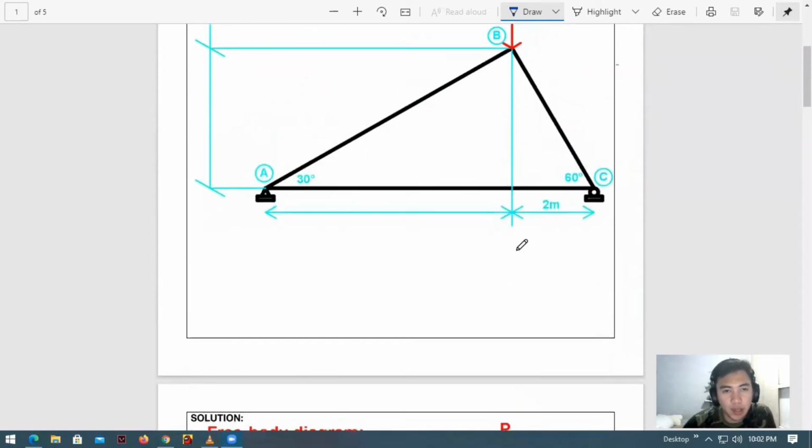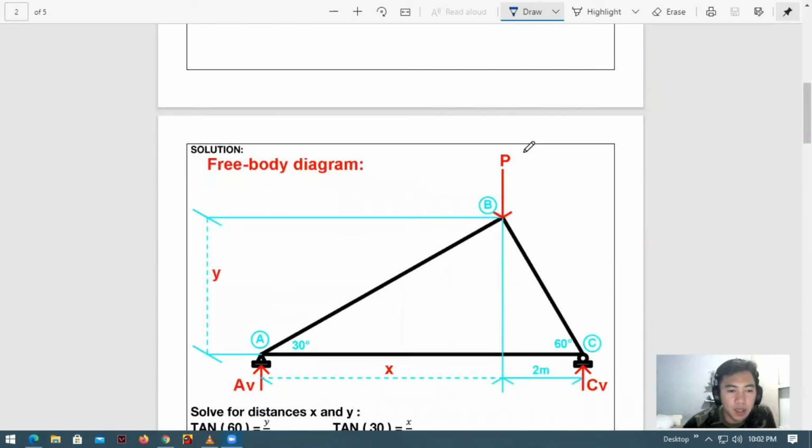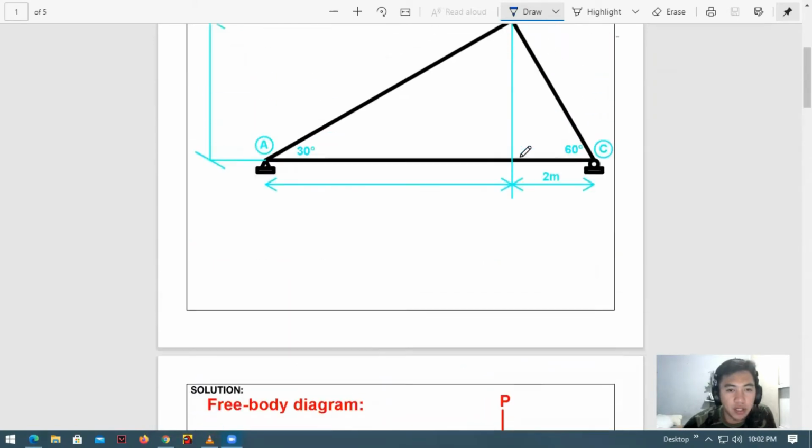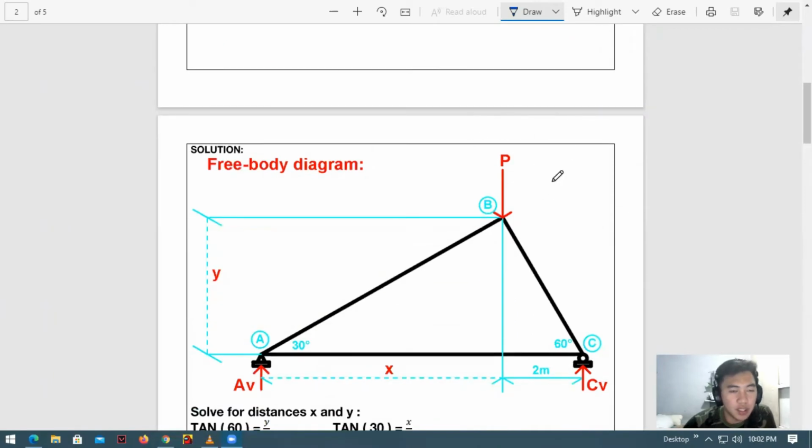You might ask why we removed the 50 kilonewton load. The answer is that it coincides with our fictitious load. Later you will understand why.